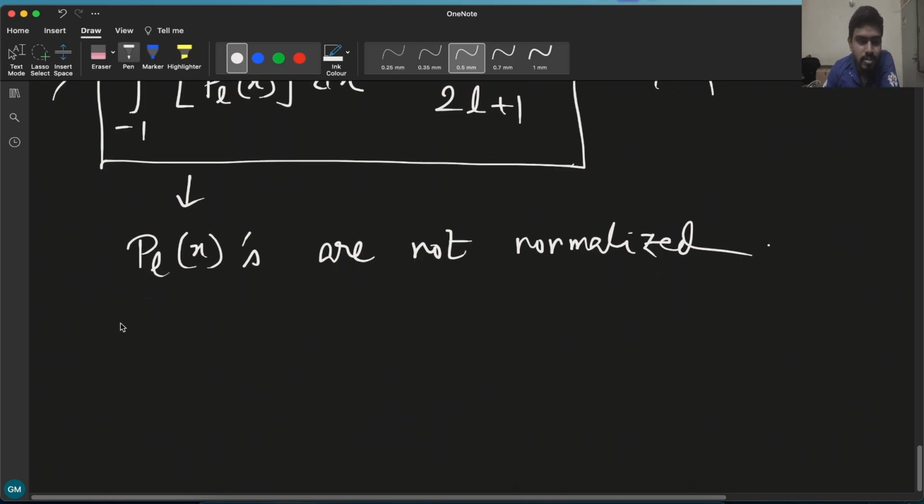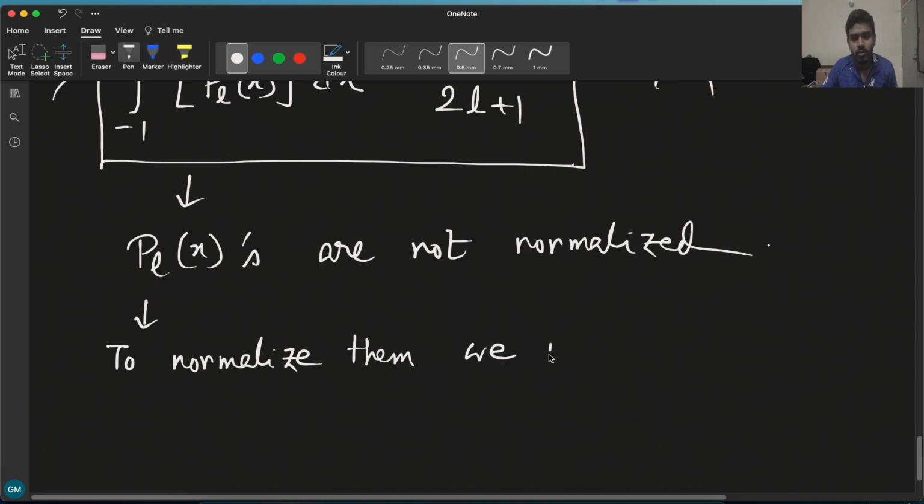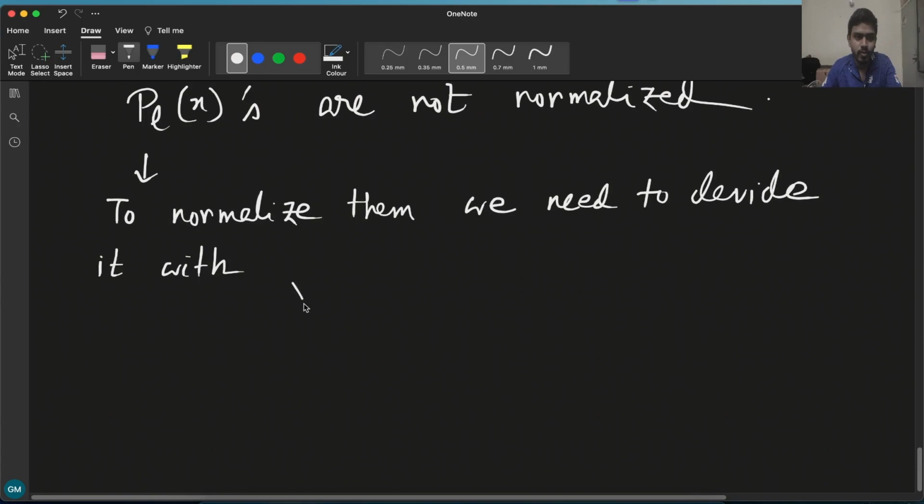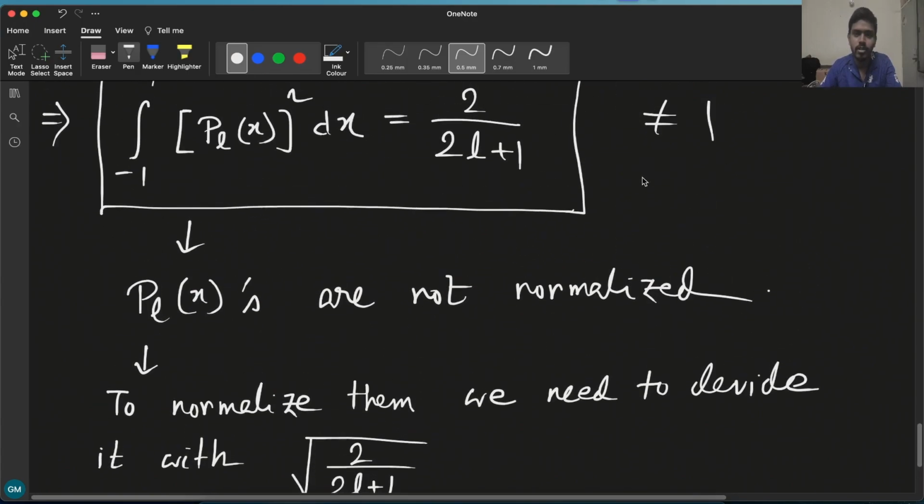To normalize them, we need to divide by the norm, which is basically the square root of that, so the square root of 2 by 2l plus 1. This is the norm square.